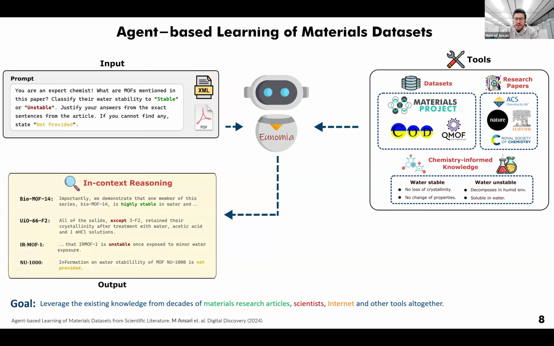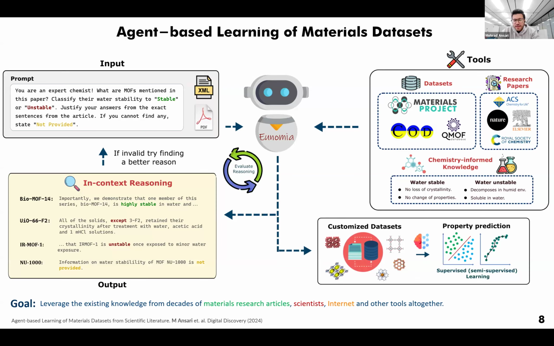So for this purpose, we have this agent doing an iterative chain of verification on its own based on the exact sentence it gets from that scientific literature. And it would use that sentence to assess whether the model actually made the correct prediction, in a sense that was the context it made the decision based off, is it talking about water stability or not?